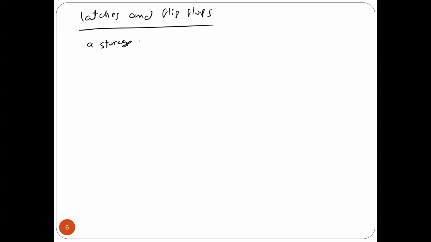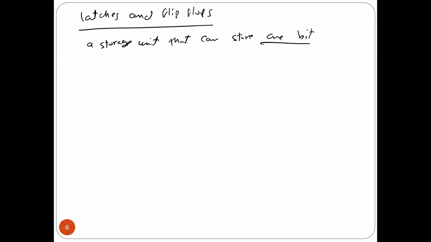Good afternoon, everybody. Last time I started to explain latches and flip flops. It's very simple. Every latch or flip flop is actually a storage unit that can store one bit.